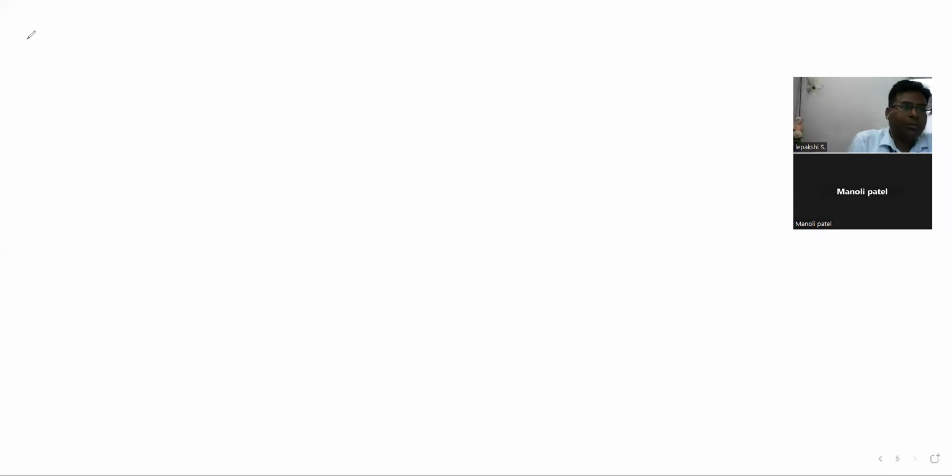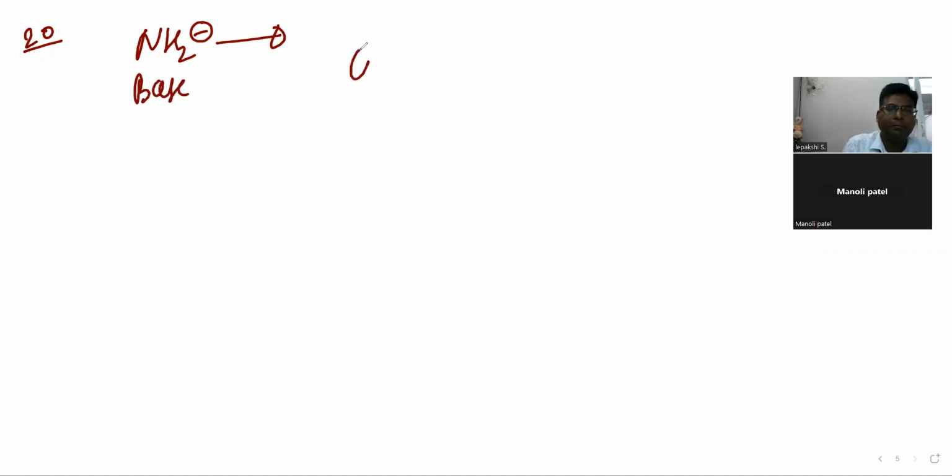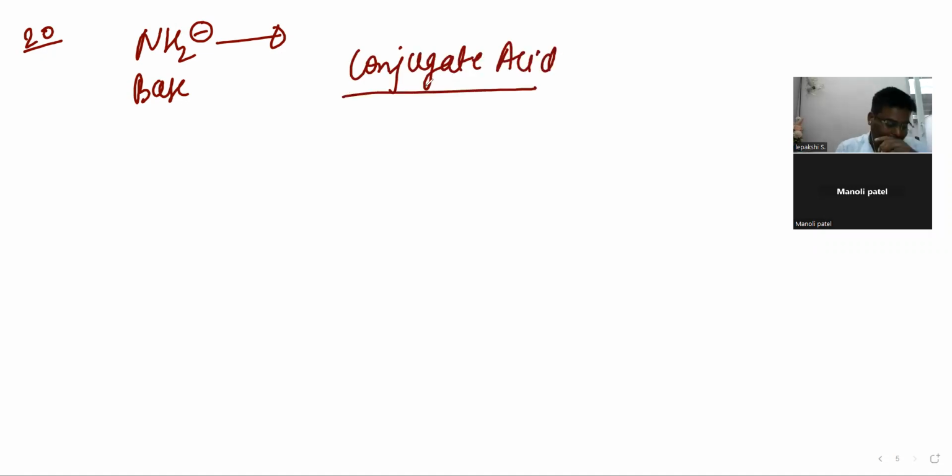Now see question number 20. The conjugate acid of NH2 minus is asked. So it is your base, right? When it accepts a proton, it forms the conjugate acid. So for the conjugate acid, an extra H plus should be there. So what should we do?